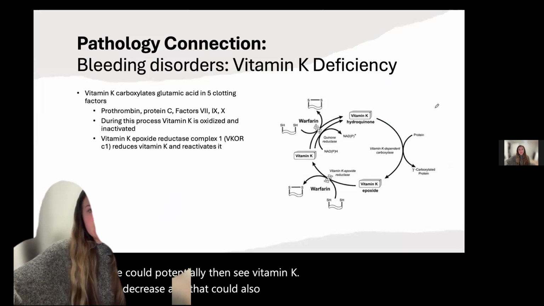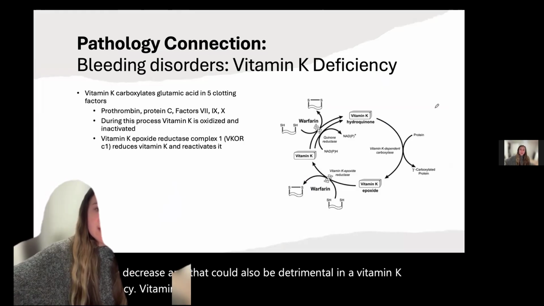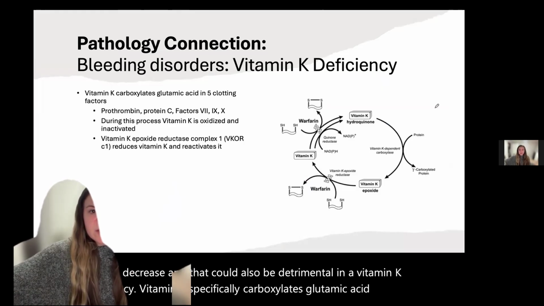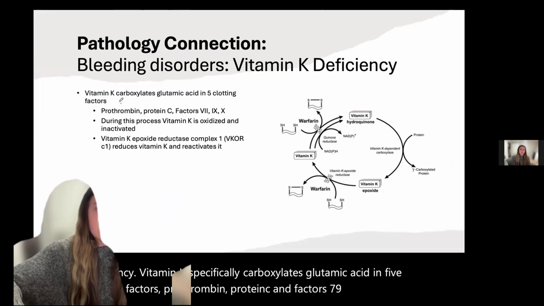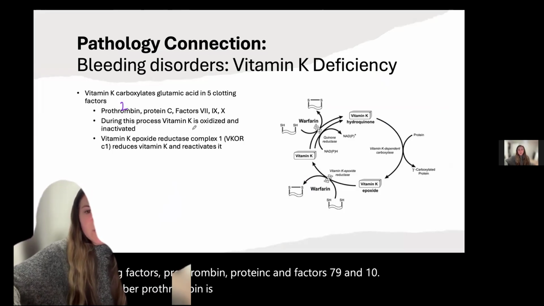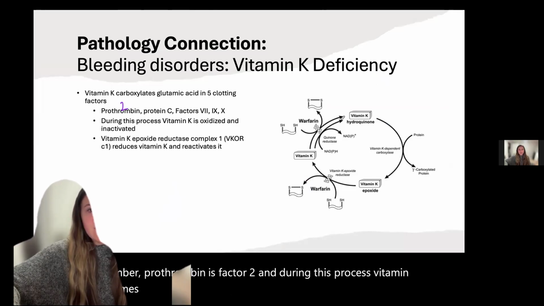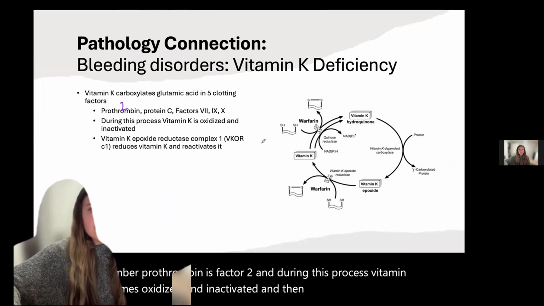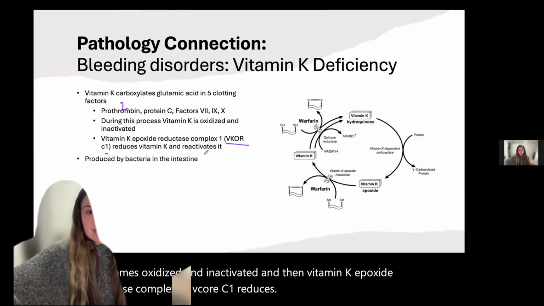In a vitamin K deficiency, vitamin K specifically carboxylates glutamic acid in 5 clotting factors: prothrombin, protein C, and factors 7, 9, and 10. Remember, prothrombin is factor 2. And during this process, vitamin K becomes oxidized and inactivated. And then vitamin K epoxide reductase complex, or VKORC1, reduces vitamin K and reactivates it.